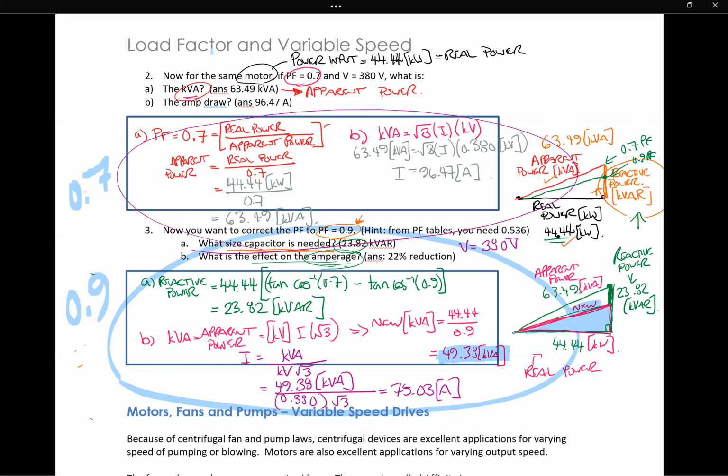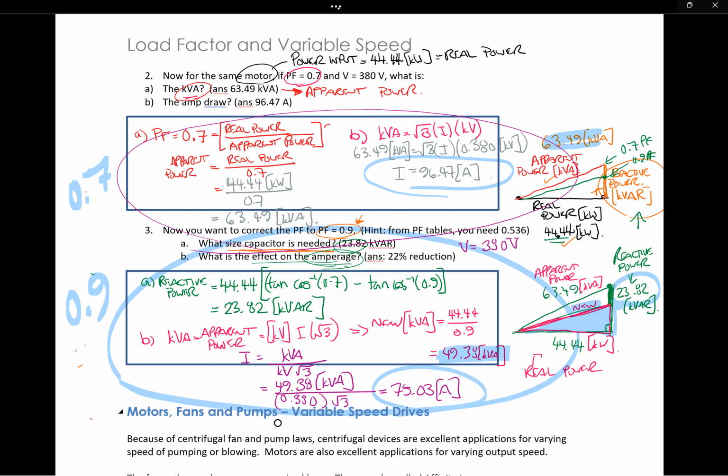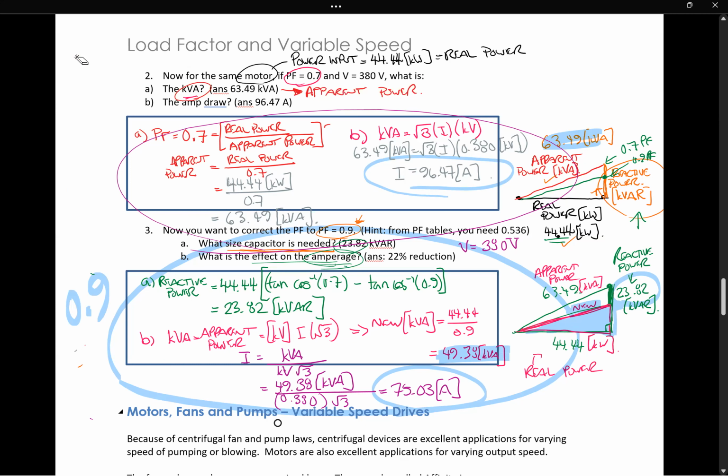When we had the 0.7 power factor, the apparent power was 63.49, and when we improved it to 0.9, the difference in reactive power is 23.82, bringing us to this small triangle where we could calculate this apparent power. And the end effect is a current draw of 96 amps down to a current draw of 75 amps because of the efforts in correcting that power factor.